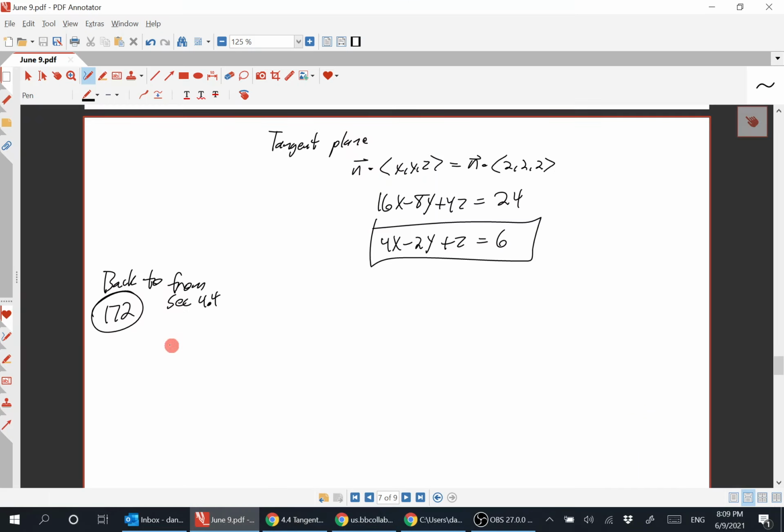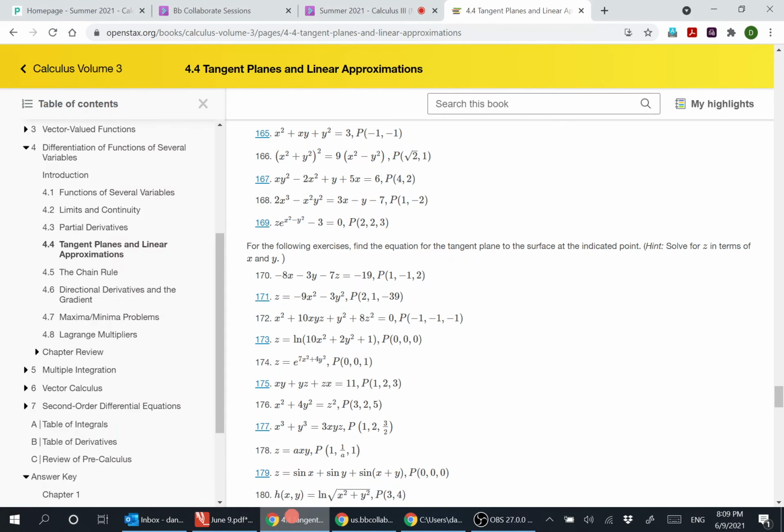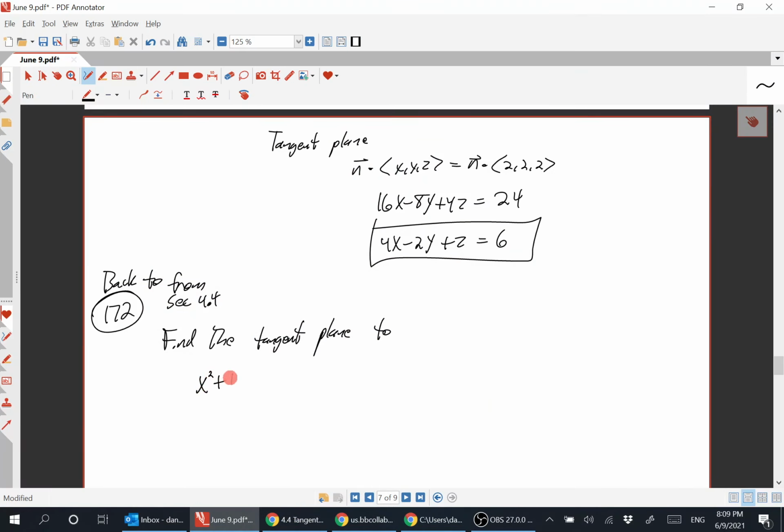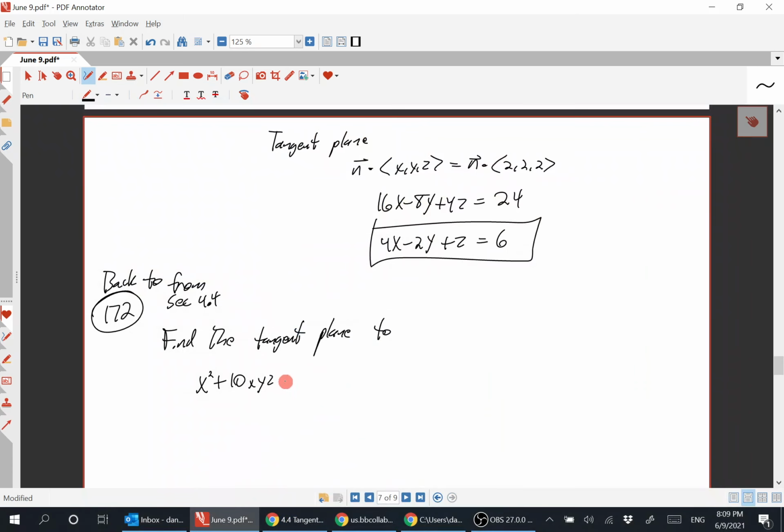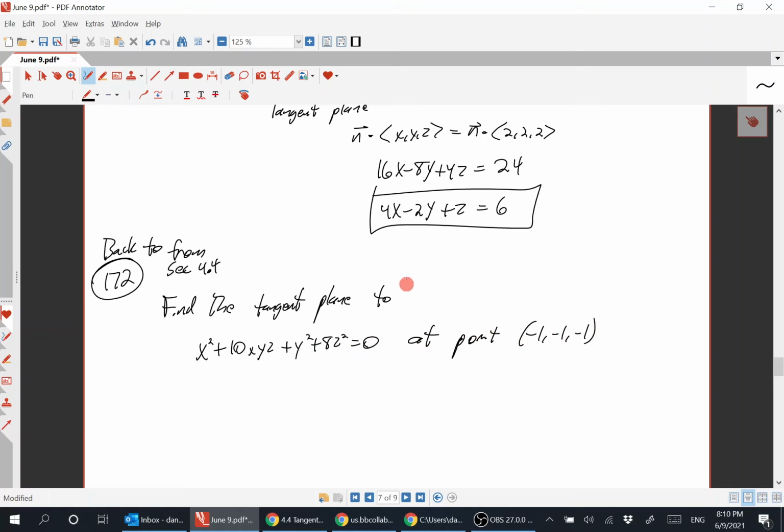So in 172, find the tangent plane to x squared plus 10xyz plus y squared plus 8z squared equals 0 at the point -1, -1, -1.